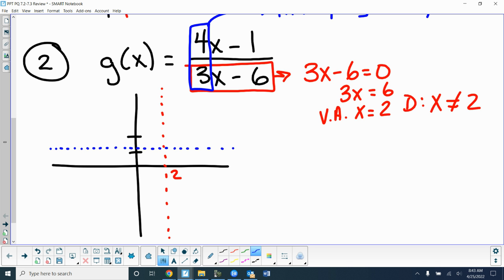Maybe I went a little too low. Looks more like 1 1/4, doesn't it? Sorry. But close enough. So you can write 4/3 here if you want. And then we do our branches, which are in the same areas, top right and bottom left. Okay? Questions on number 2? Caitlin, that make better sense?